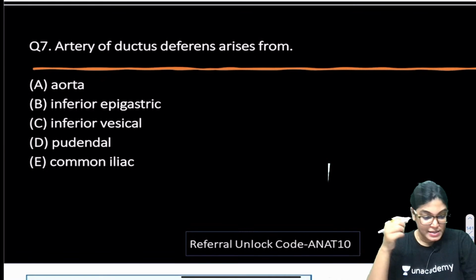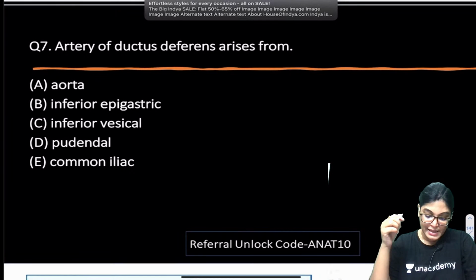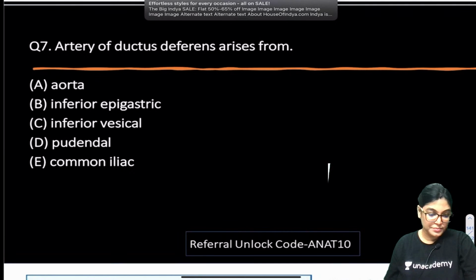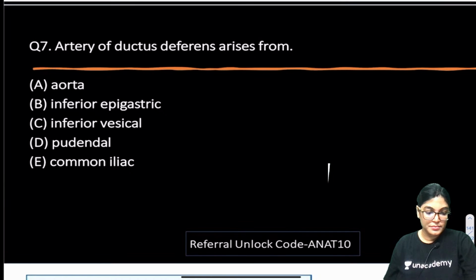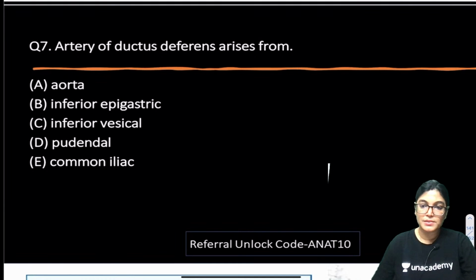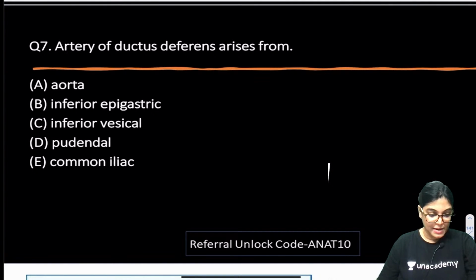Artery to ductus deferens is a branch of. Sam has given the answer as C. What about others? Yes, only Sam has given the right answer.